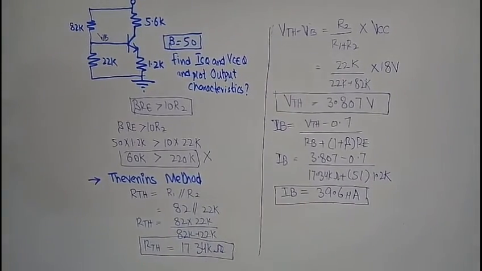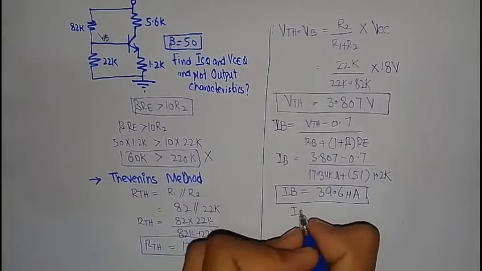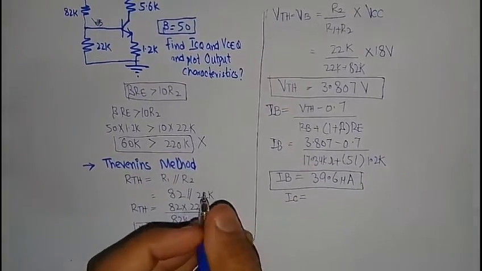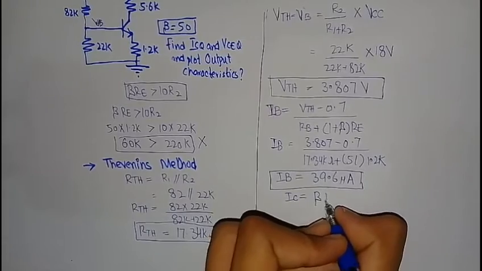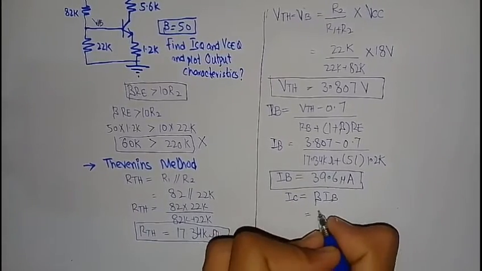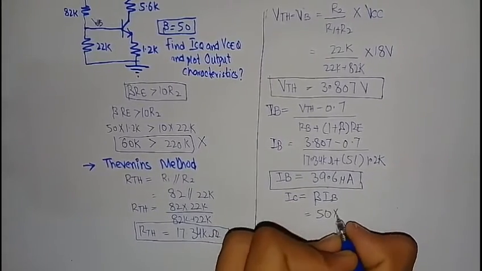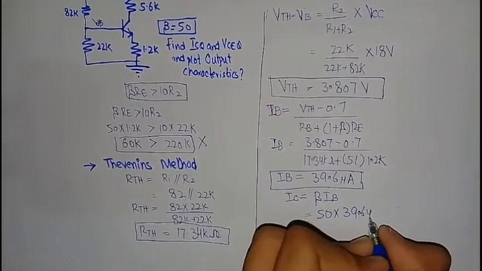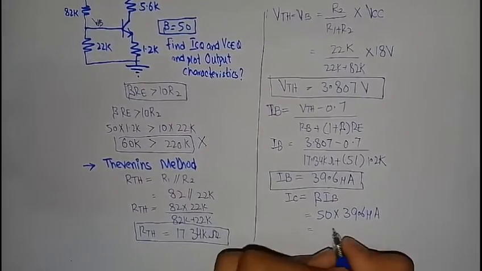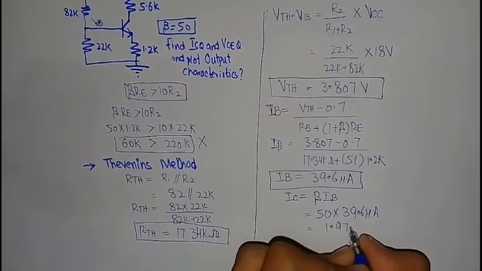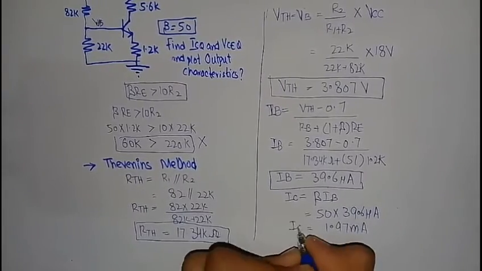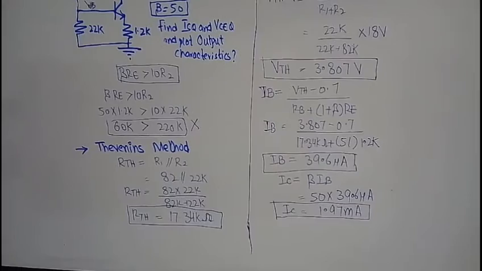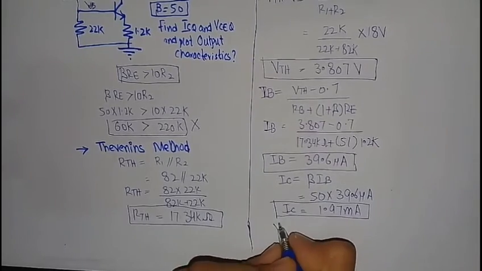From the base current you can find the collector current. The collector current will be equal to beta times IB. So guys, now we will put in the values. Beta is 50, multiplied with 39.6 microamps. After evaluating, the answer will be equal to 1.97 milliamps. Now we will have to find the value of VCE.